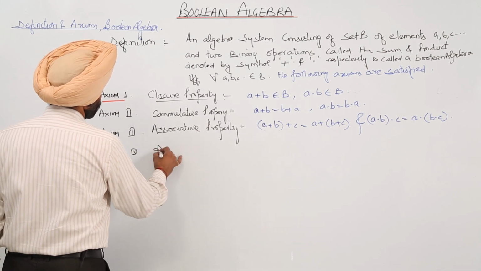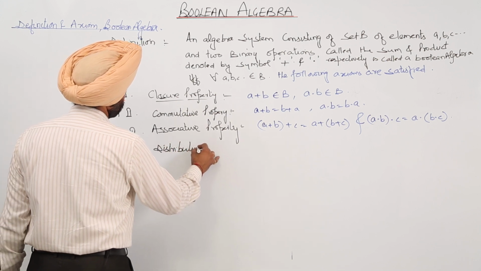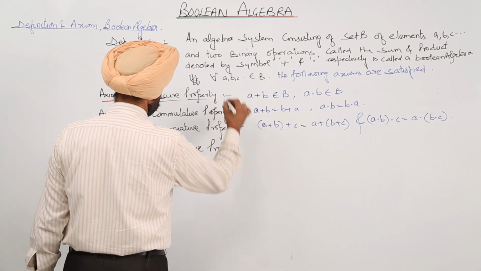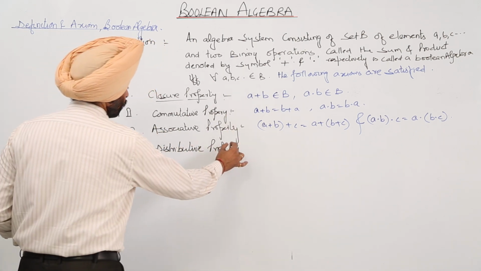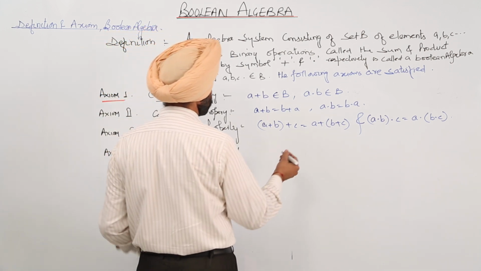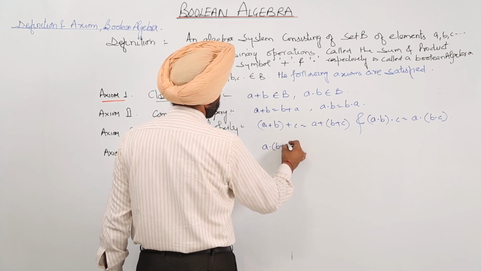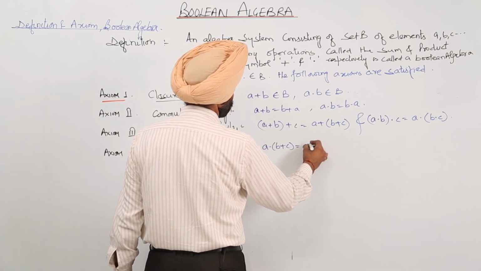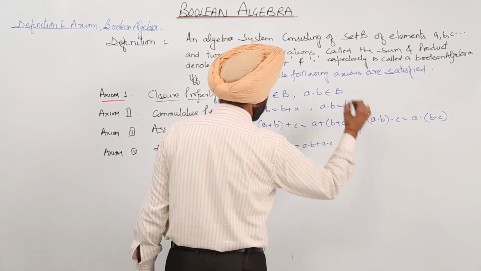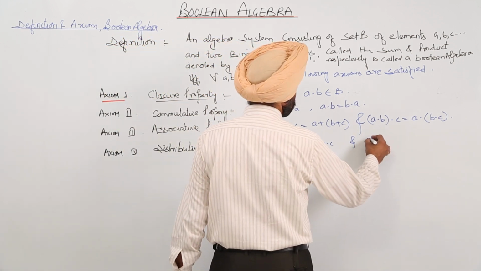Now, number 4, it is the distributive property. Now, in the distributive property, what are we going to do? We have A dot (B plus C) is equal to A dot B plus A dot C, and second, what can we write?